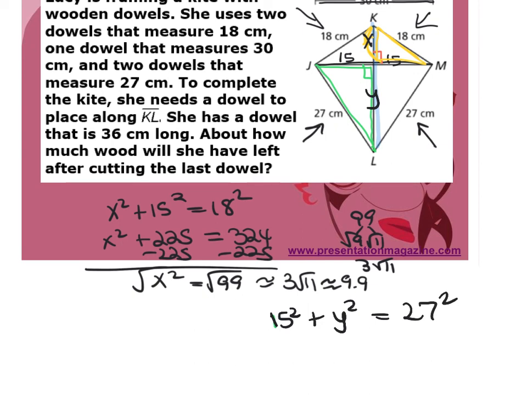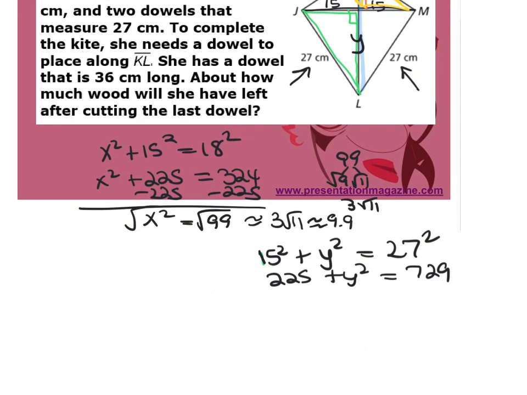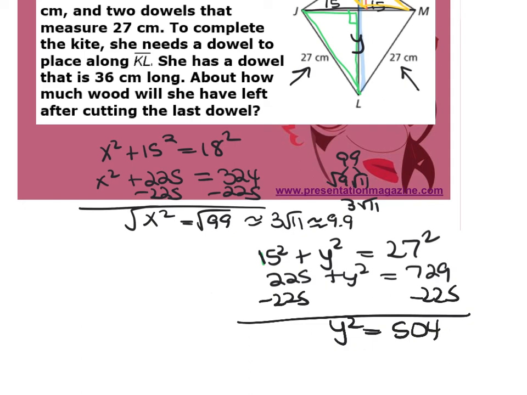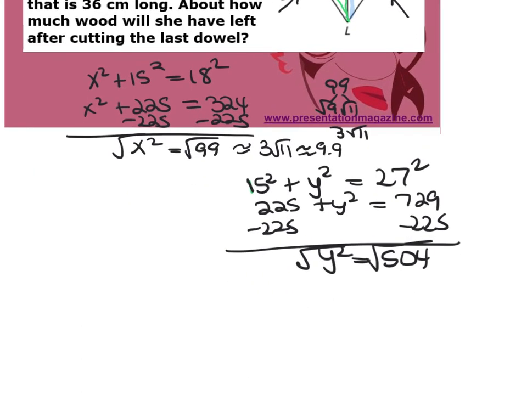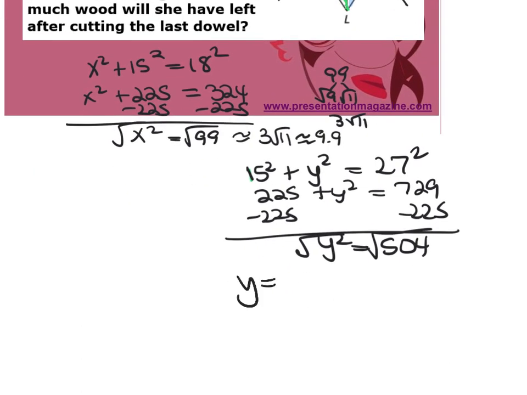So square 15, and I get 225 plus y squared. 27 squared is 729. Subtract the 225, and I get 504. Square root both sides, so y is equal to the square root of 504.